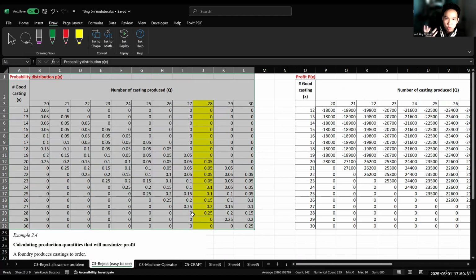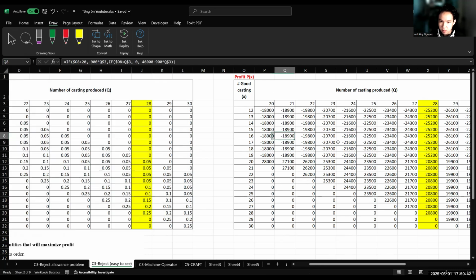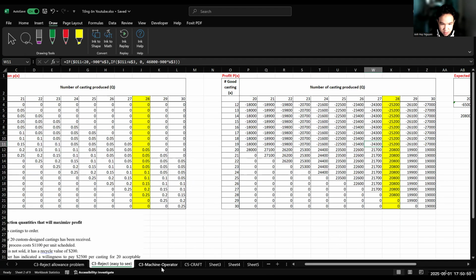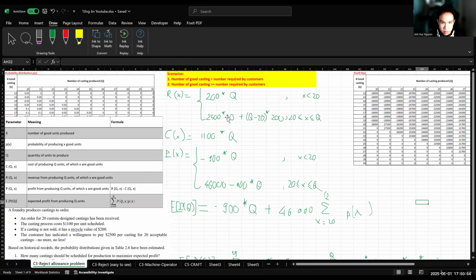This table will be given to you in the exam. Okay. Now let's calculate the profit table. So how do we achieve this table? About the formula, I won't explain it here. I'll explain it from the equation perspective.